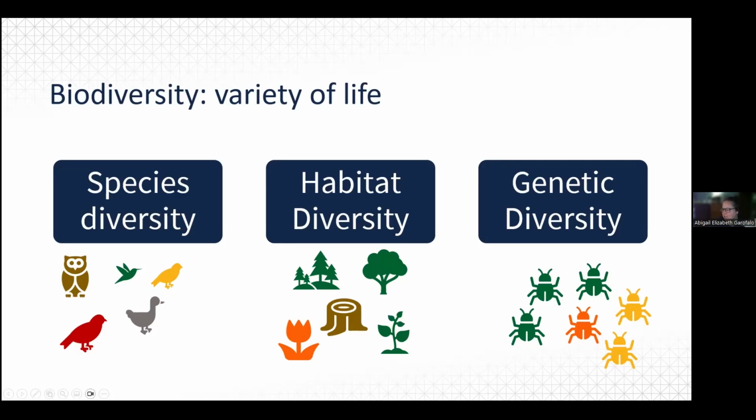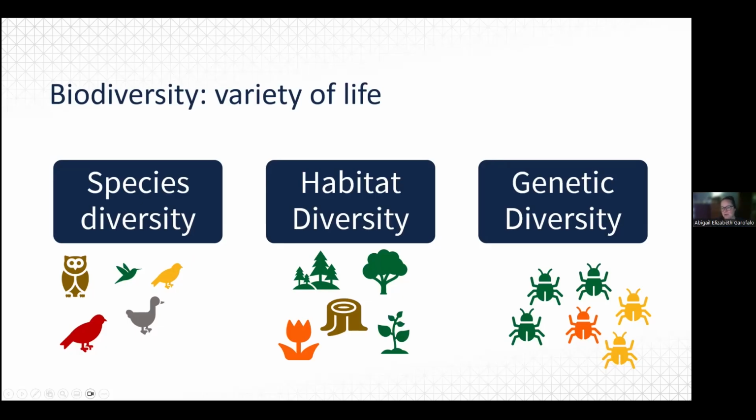But there's also habitat diversity. So we need forests, we need prairies or grassland spaces, but we also need different layers within a space. We need places that have overstory, understory, and ground level spaces that provide all of these different elements of habitat. And then we also need genetic diversity.